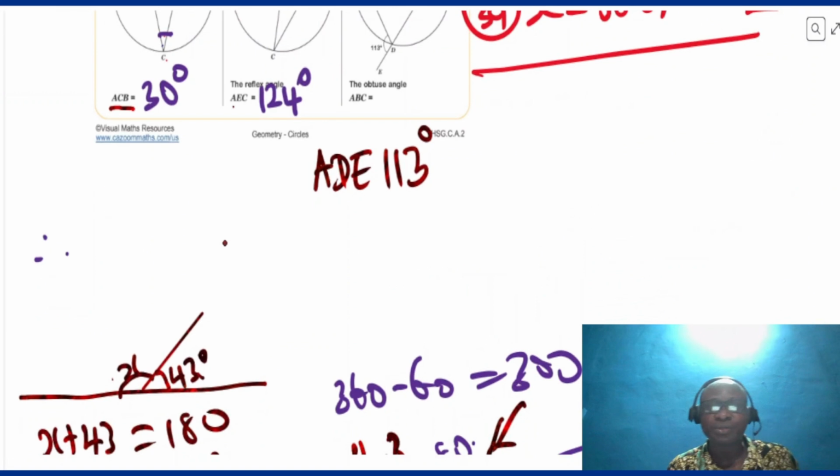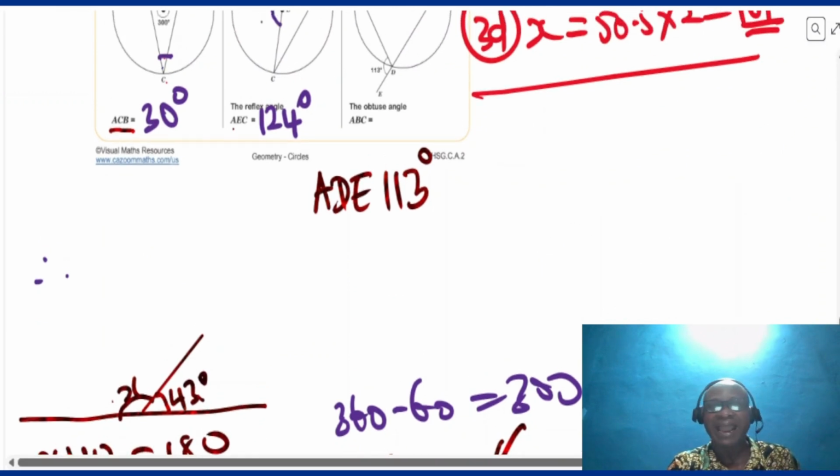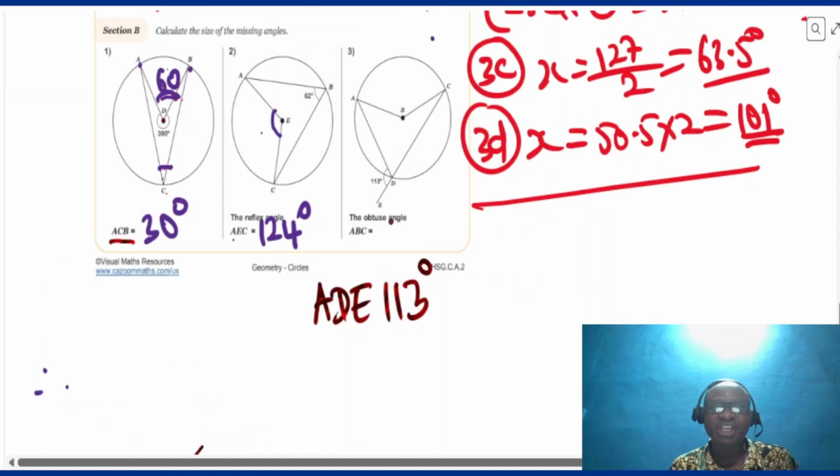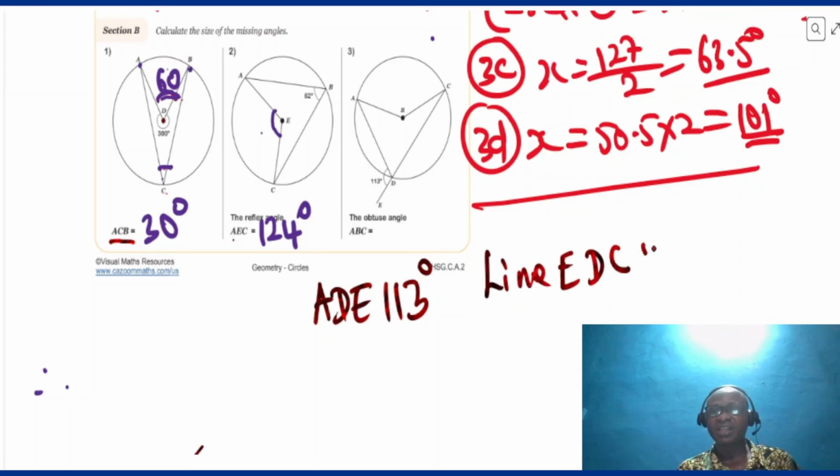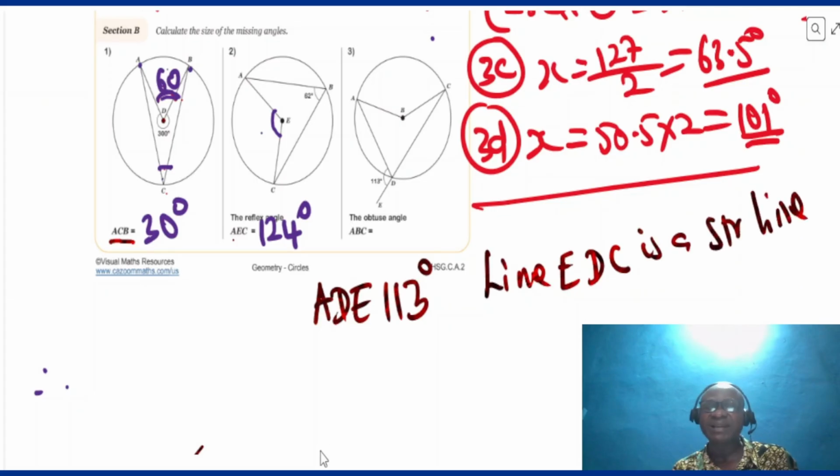Now, Itunu, see with me that this line called line EDC is a straight line. Line EDC is a straight line. Do you agree? Yes, sir. If it is a straight line and I ask you, what is the angle ADC? Look at the place. Look at it here.